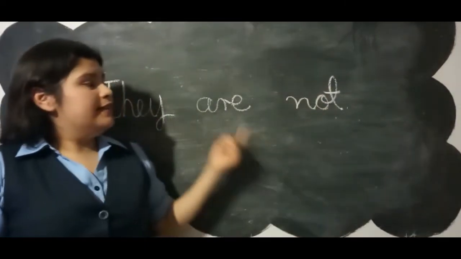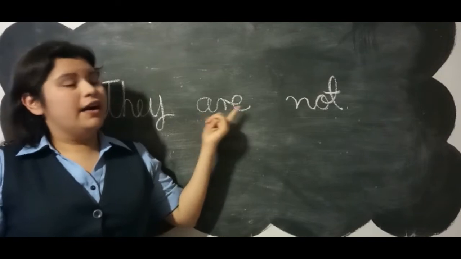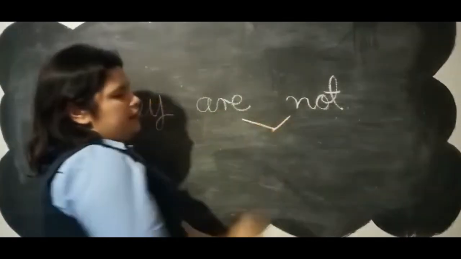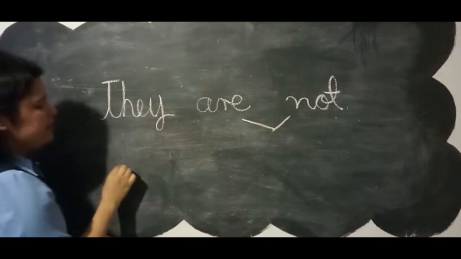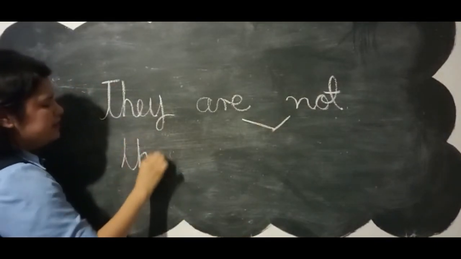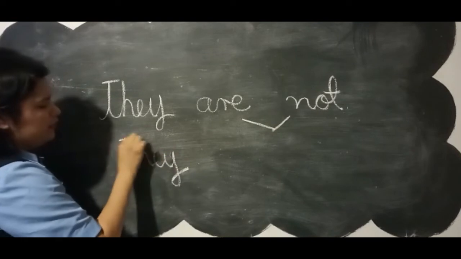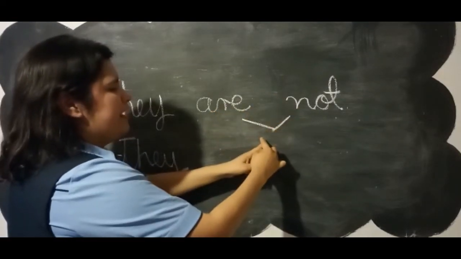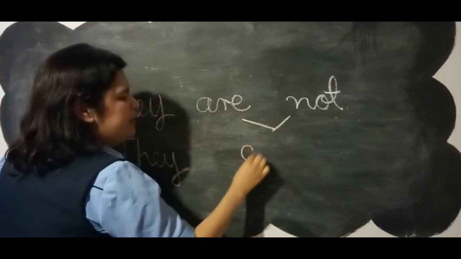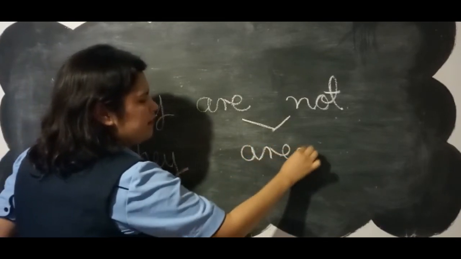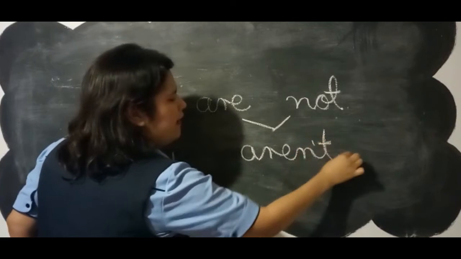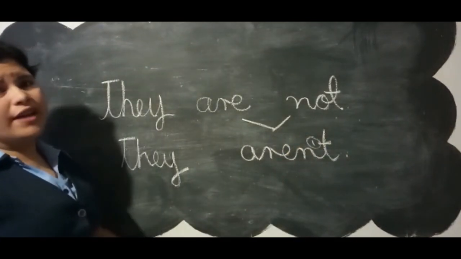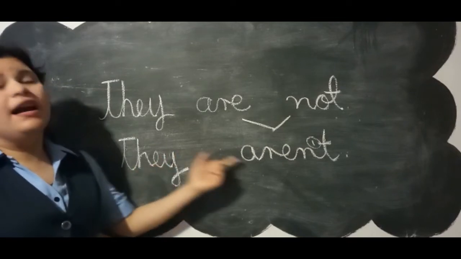So now I need to join are and not. They is going to remain the same, and are and not get together and it will be aren't. So our contraction will be they aren't.